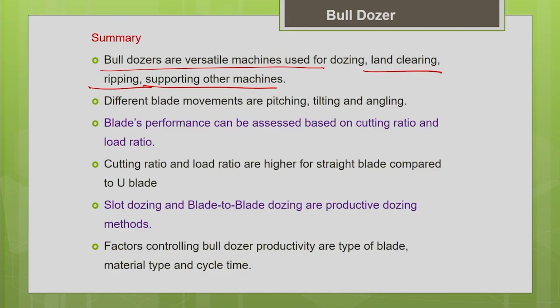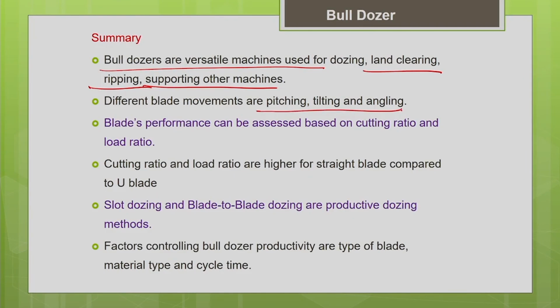We saw that depending upon the type of connection between the blade and the tractor, we can have different types of blade movements: pitching, tilting and angling. If you have a C frame, then angling and tilting are possible. If you have a tilt cylinder and pusher arm arrangement, only pitching and tilting are possible, angling won't be possible.